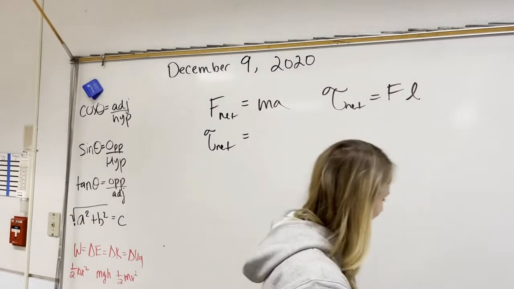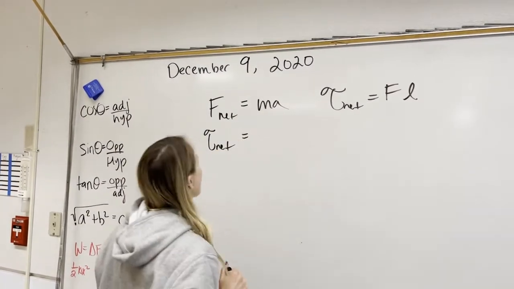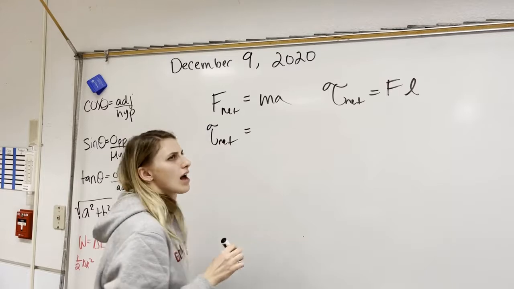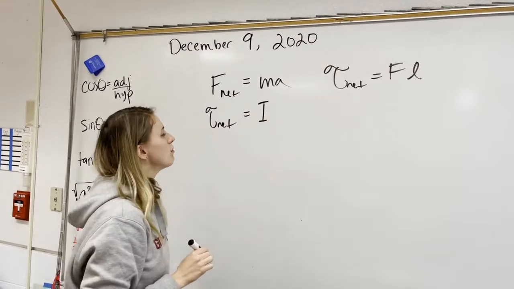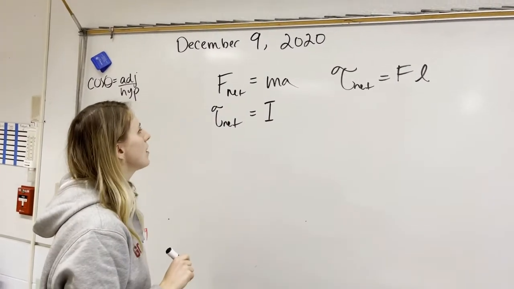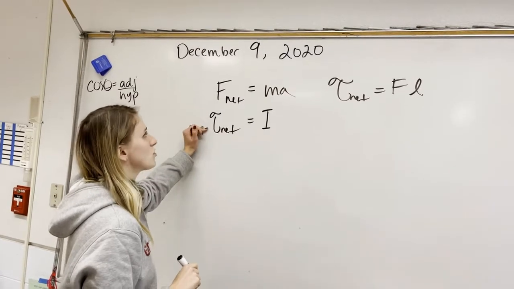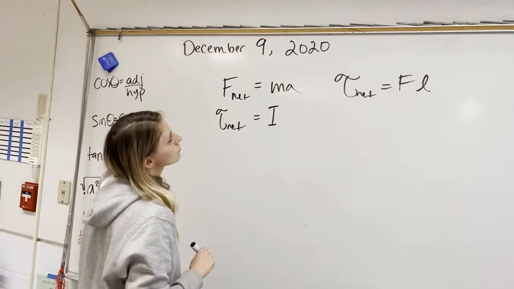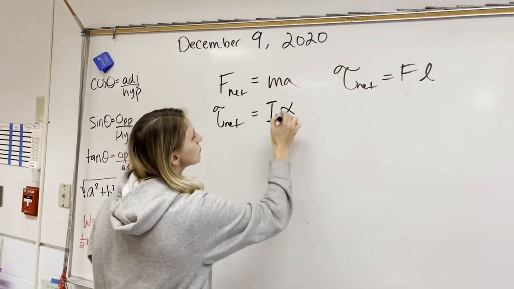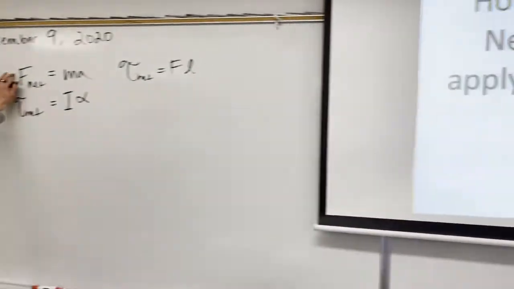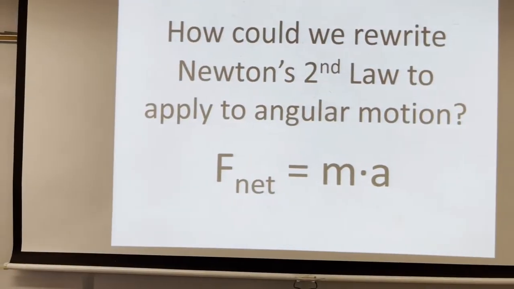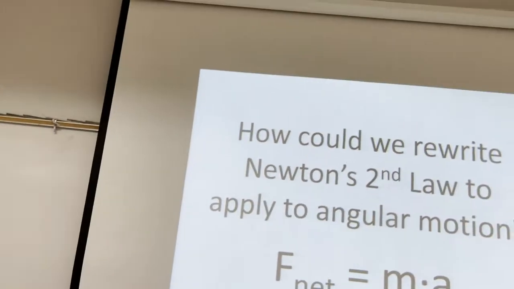So what's analogous to mass for things going around a circle? I think we just found that out. That's inertia, right? Moment of inertia. And then for rotational, this is linear. For rotational, what about acceleration? What's the symbol for angular acceleration? That's it. So there we've got it. There's Newton's second law applying to angular motion.